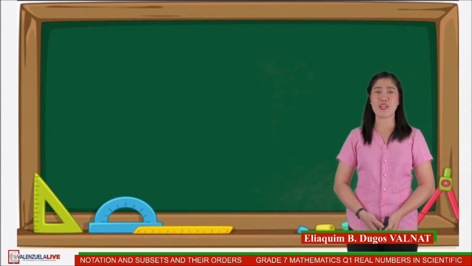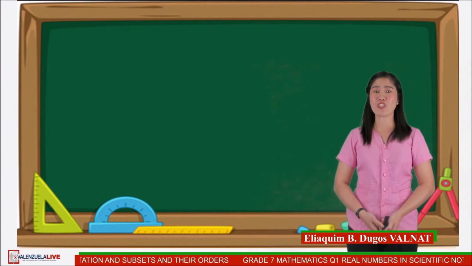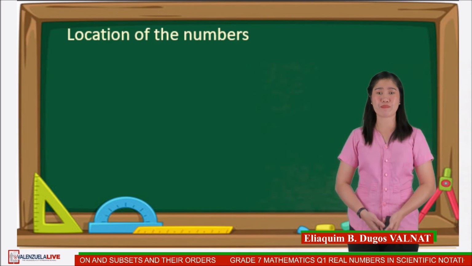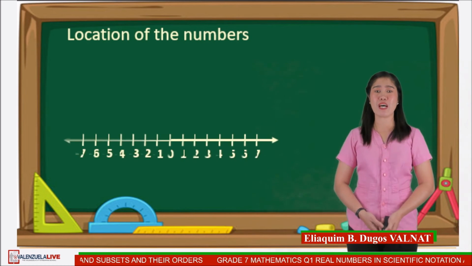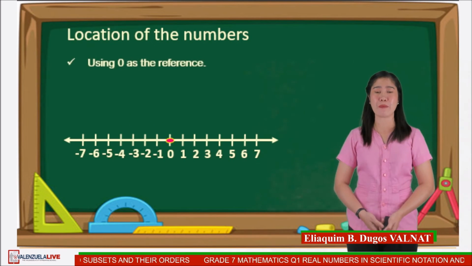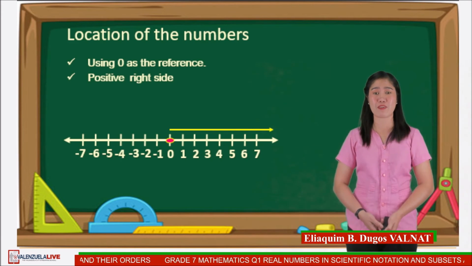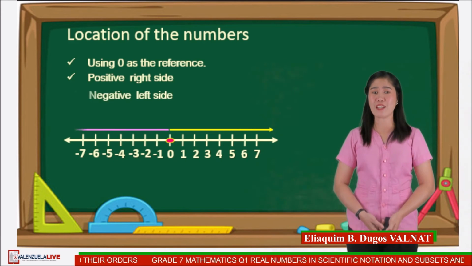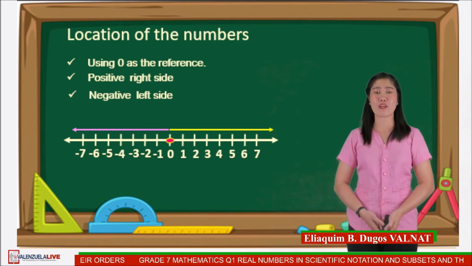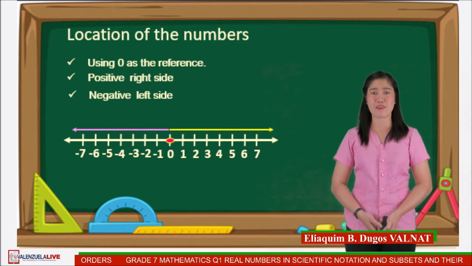Next question: where is the location of the numbers? Using 0 as our reference point on the number line, if the given is positive, it is located to the right of 0. While if it is negative, then it is located to the left of 0.